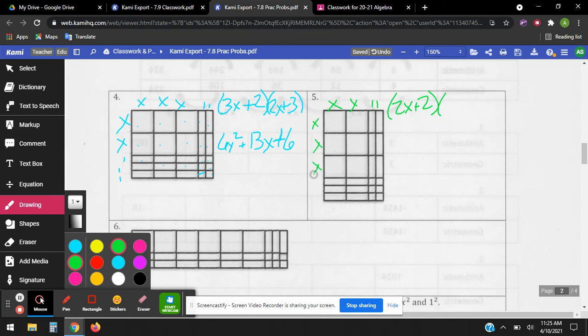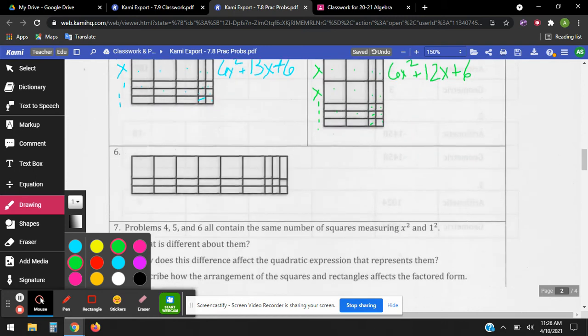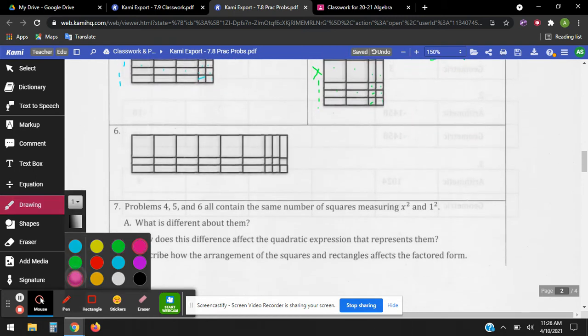This side I have 3x plus 3. That gives me a total of 1, 2, 3, 4, 5, 6 x squared, 3, 6, 7, 8, 9, 10, 11, 12 x's plus 6 ones.